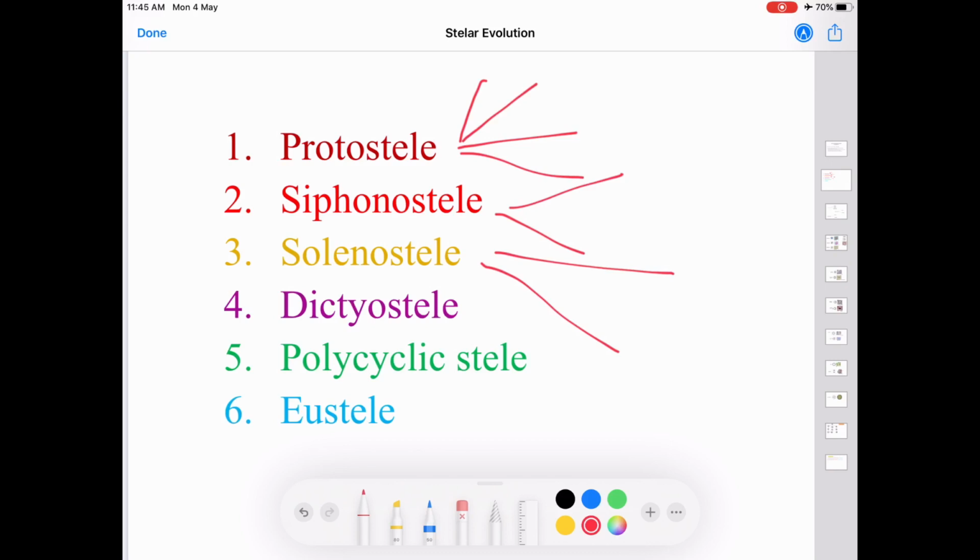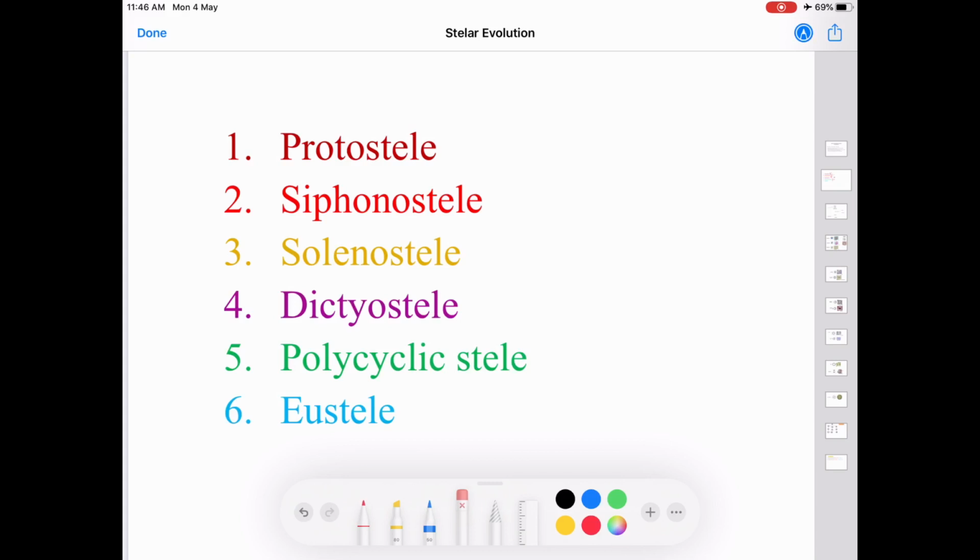Solenostele is divided into 2 types, that is amphiphloic solenostele and ectophloic solenostele. In the case of polycyclic stele, if the outer ring is a Dictyostele, this is known as polycyclic Dictyostele, and if the outer ring is a Solenostele, this is known as polycyclic Solenostele. Thus, there are 6 different types of stele in the case of Pteridophytes.